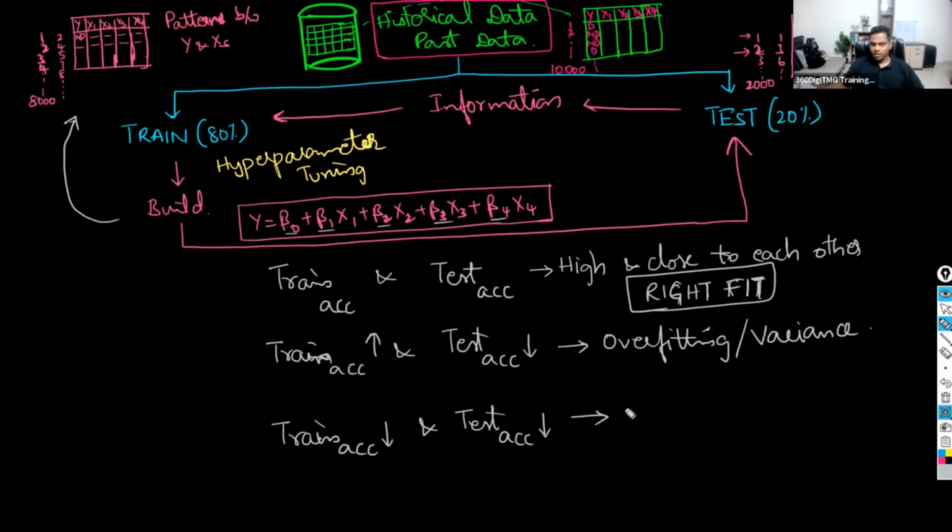This scenario is called underfitting or bias. You're underdoing, you're not preparing well, you're not training well. So obviously in the final exam or on the test data, your model will give you poorer results.